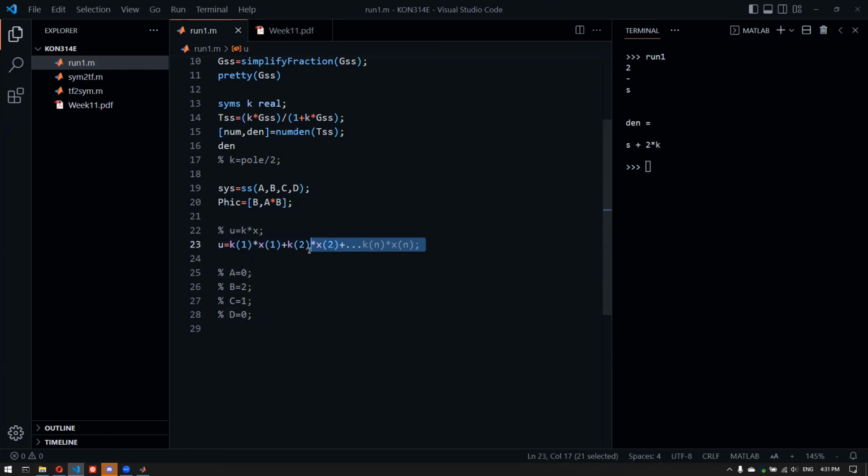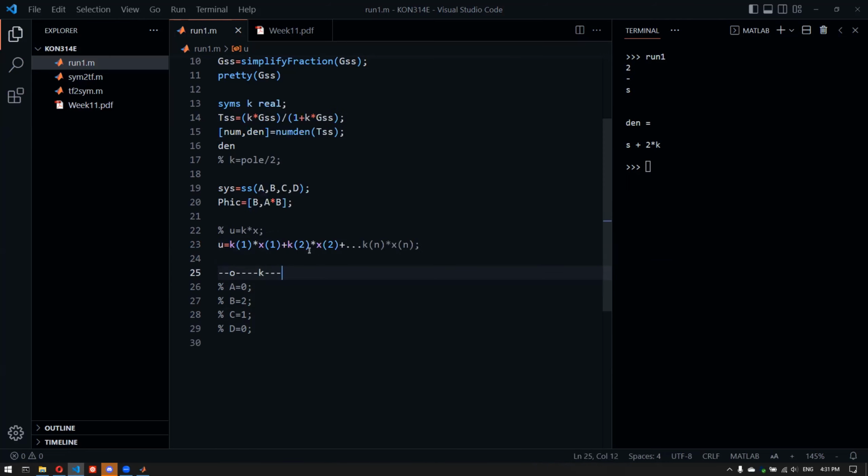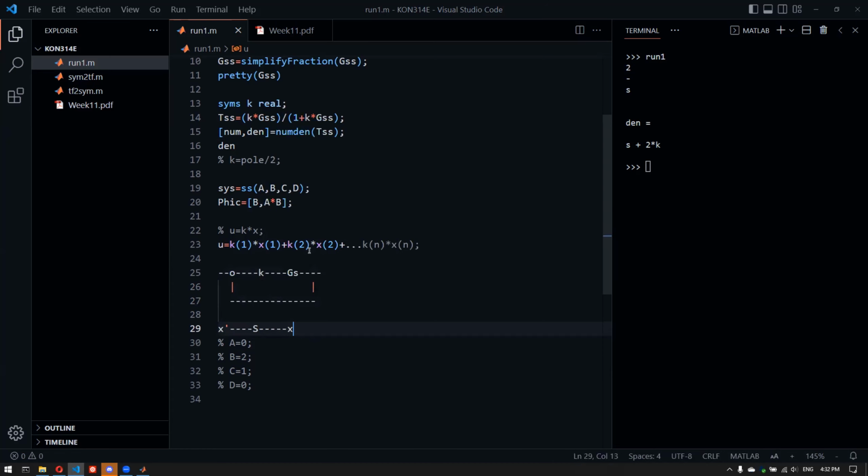Now, instead of having a classical feedback setup, like k times G(s), the setup that we always have, it looks a little bit different. We will have an integrator here. This is the x derivative, then the integral will give us x, and we are going to have this black box here.